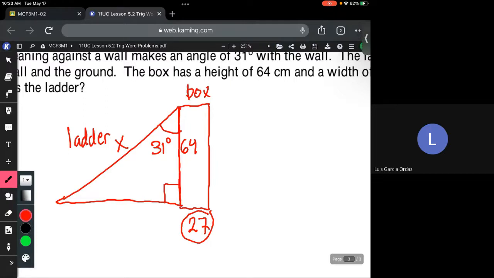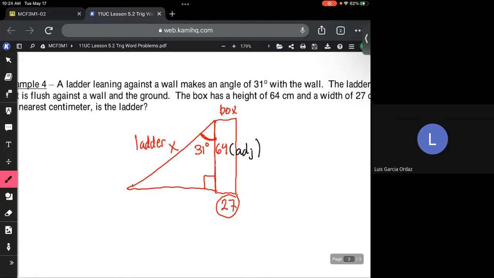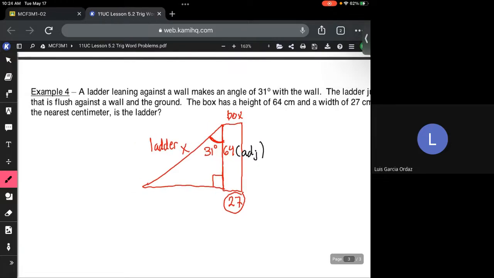So if the height is 64 centimeters and the angle it makes with the wall is 31 degrees, remember I'm using 31 degrees. So what would 64 be? Adjacent, opposite, or hypotenuse? Adjacent. And what are we trying to find?